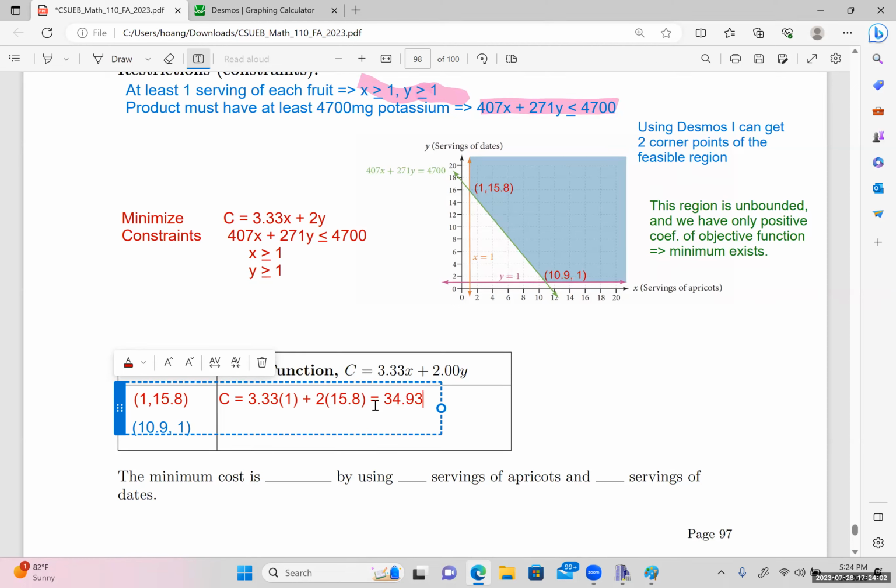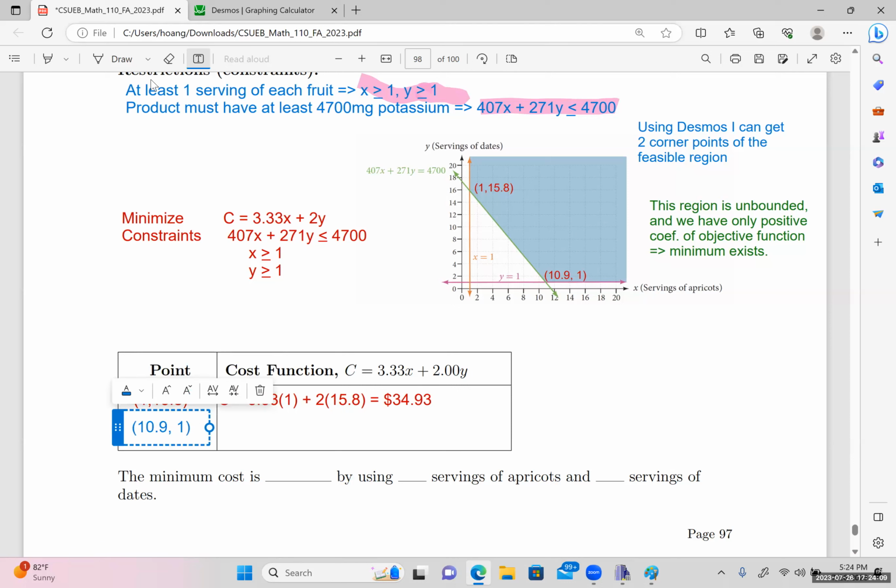And according to this point, 10.9 for X and 1 for Y, it's going to give us $38.30.